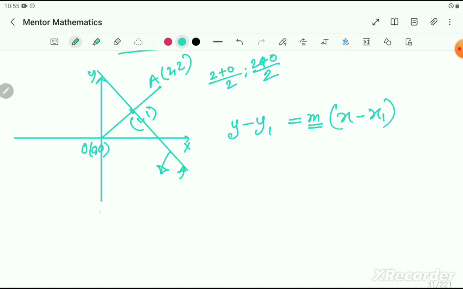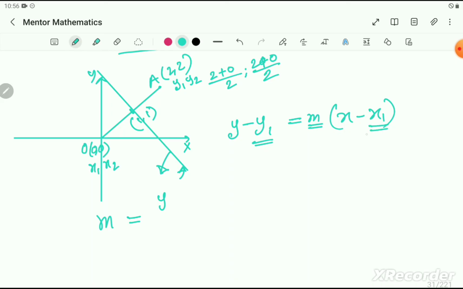To find the slope we can use this equation. We can consider this is y1, this is y2, and this is x1, x2, for example. Don't be mixed up with this y1. This y1 means the coordinates of the midpoint.